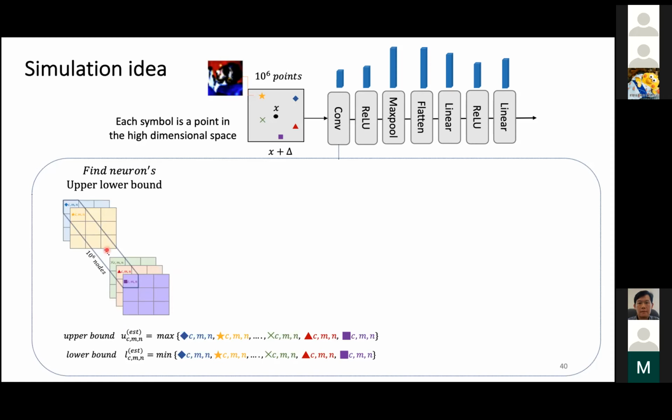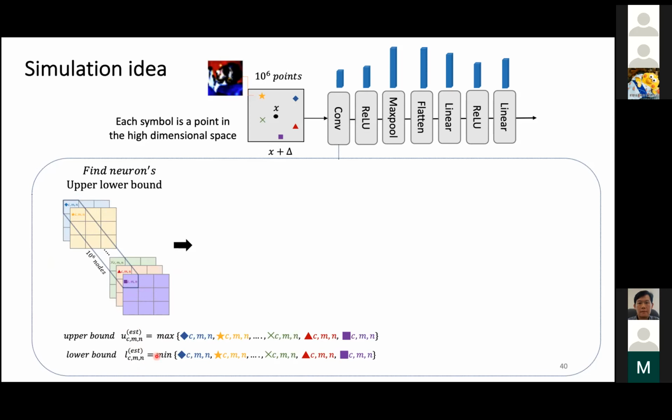Then if we want to know a node's upper and lower bounds, we collect all the corresponding nodes here, and we choose the maximum one as its upper bound and the minimum one as its lower bound.